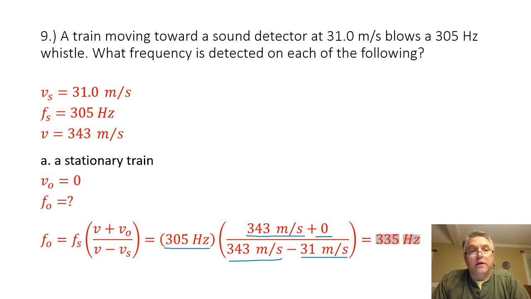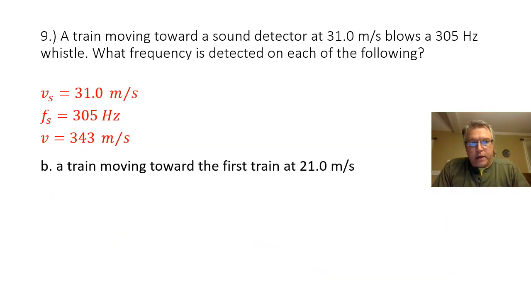Because the source is moving toward the observer, it's going to be a positive 31 meters per second. So we have 343 meters per second minus a positive 31 meters per second. And when we do that math out, we will have an observed frequency of 335 hertz.